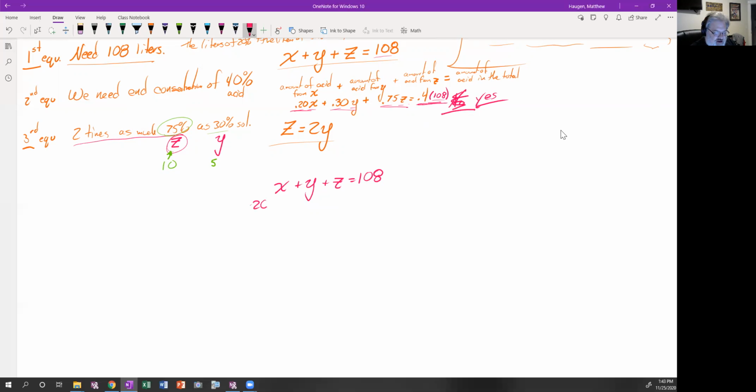I might be tempted to turn that into 20x plus 30y plus 75z equals 4,320, just because I don't like decimals. If you like decimals, then fine, go with the decimals. I just multiplied everything by 100 to get rid of all those decimals.